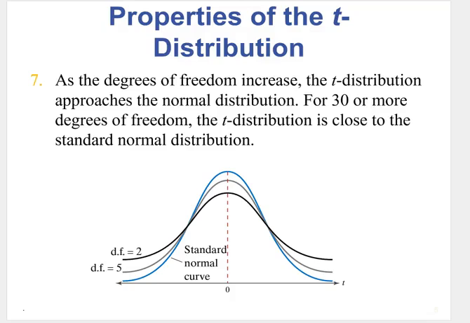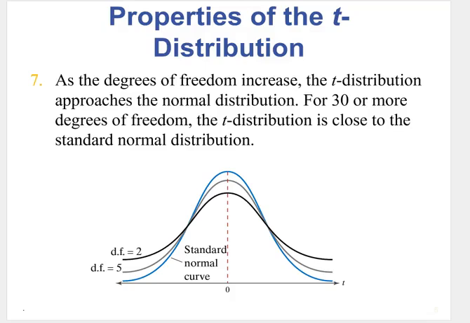But if I move up to 5 degrees of freedom, which would be a sample size of 6, the tail and the peak are getting much closer to the standard normal curve. So as the degrees of freedom increase, it's going to get closer and closer to looking like that standard normal curve. A lot of the things we do behave exactly like the z distributions do. It's just we have to use a slightly different chart, and that will be provided to you as well.